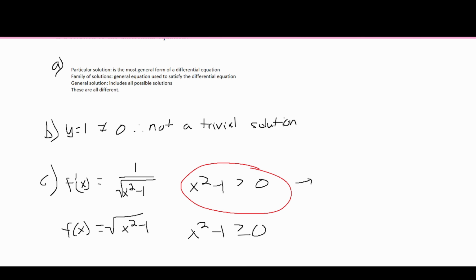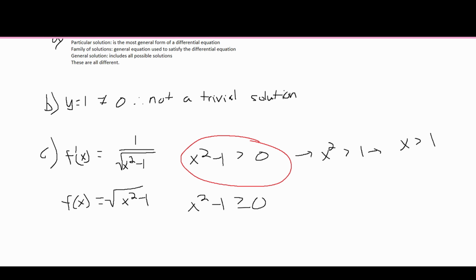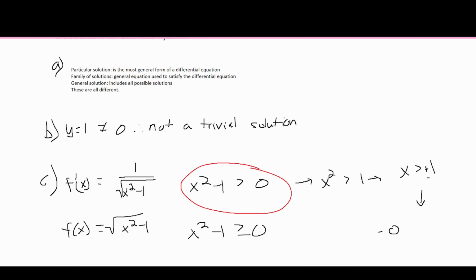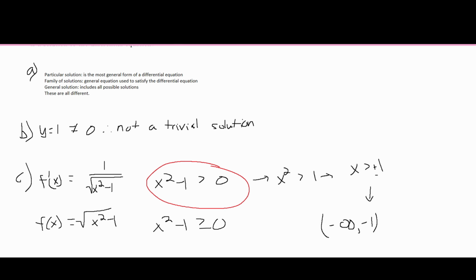So if we do this, we have x squared is greater than 1, and x has to be greater than 1. But since we square both sides, there's also a plus minus in front of it. So that means that we can say it is a solution on (negative infinity, negative 1) and (1, infinity).